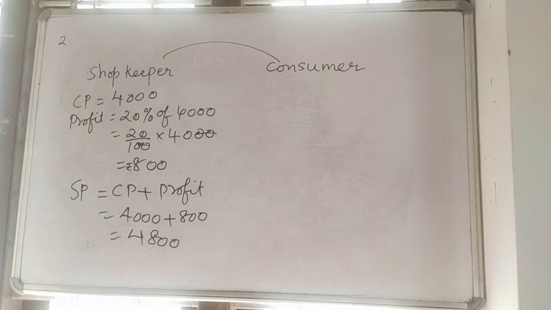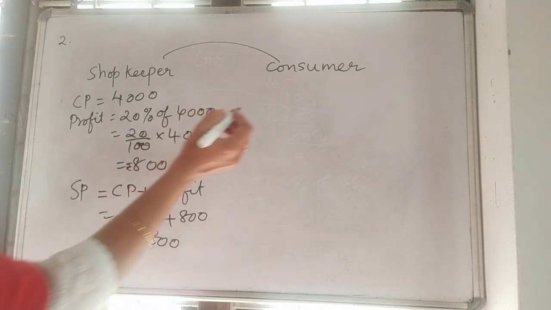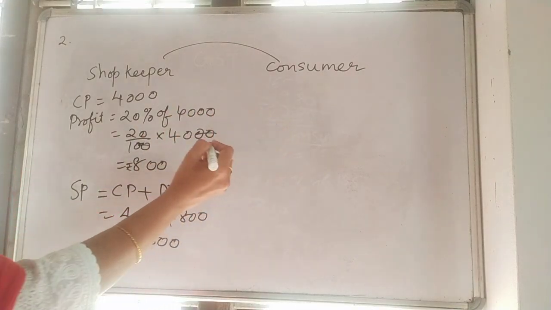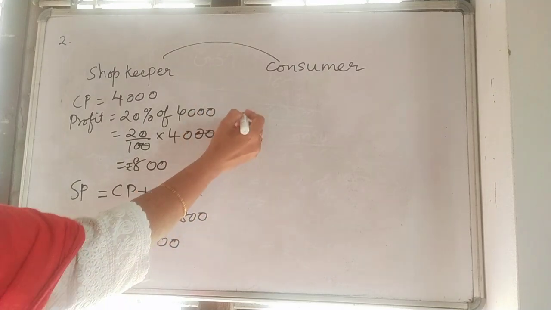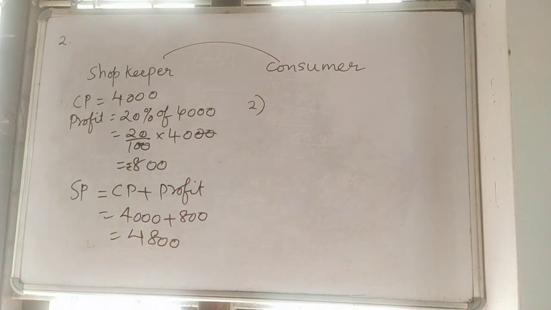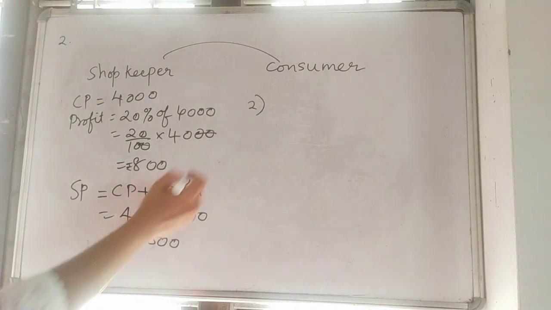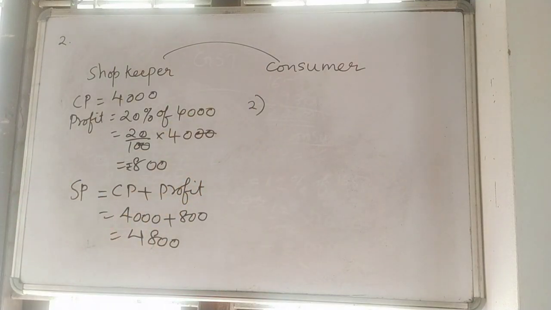That means we have to find out CGST and SGST. So what will be the CGST paid by the consumer? CGST in percentage form is 2.5%.